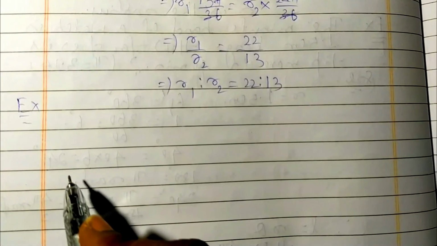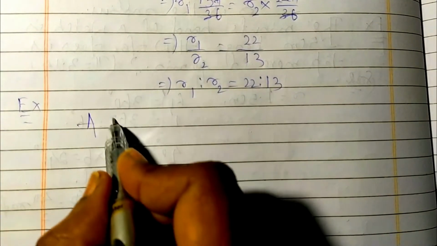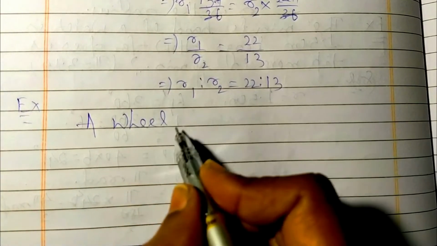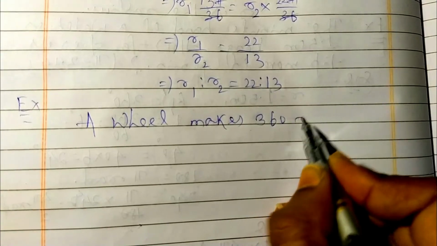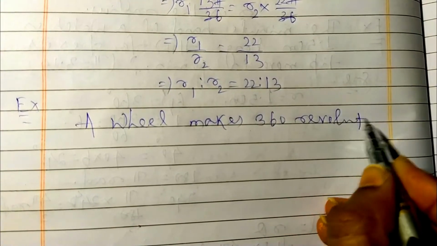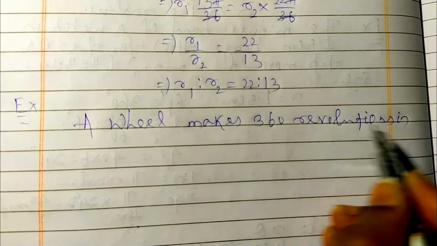A wheel makes 360 revolutions in 1 minute.